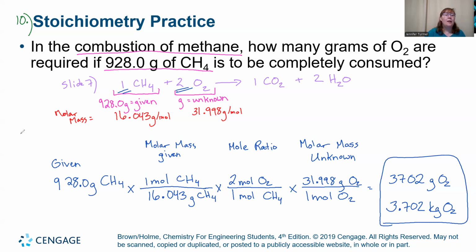Okay. All right. So you'll note that this process is not going to change, at least probably not in this chapter, but this is just a standard stoichiometry.